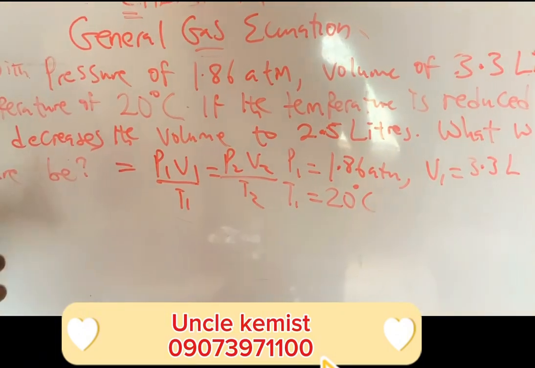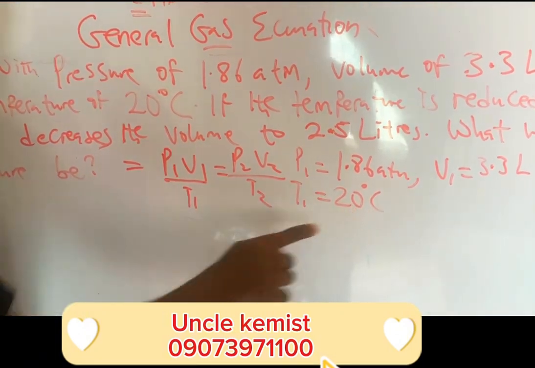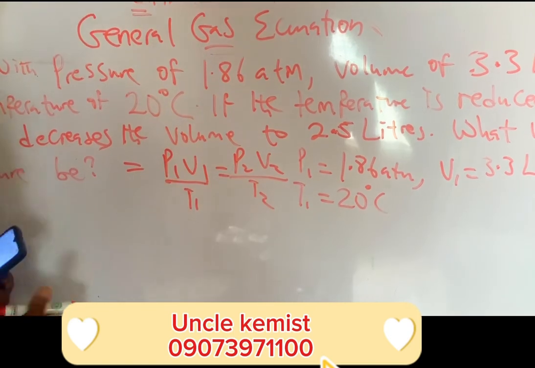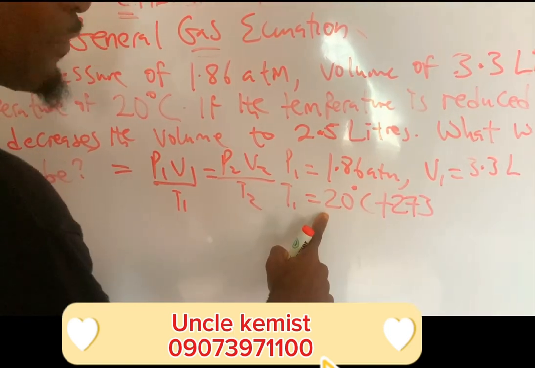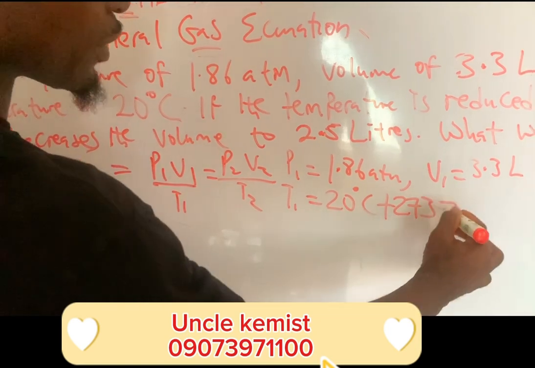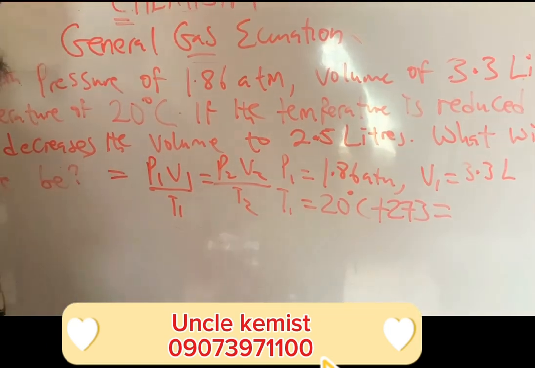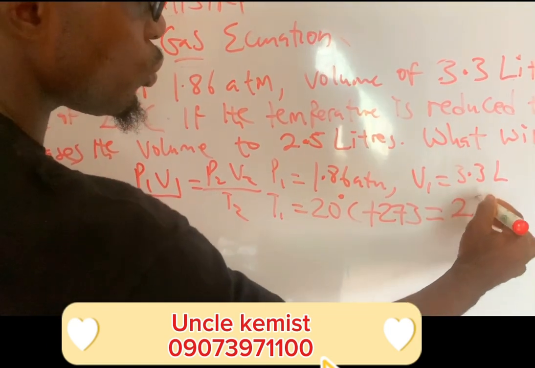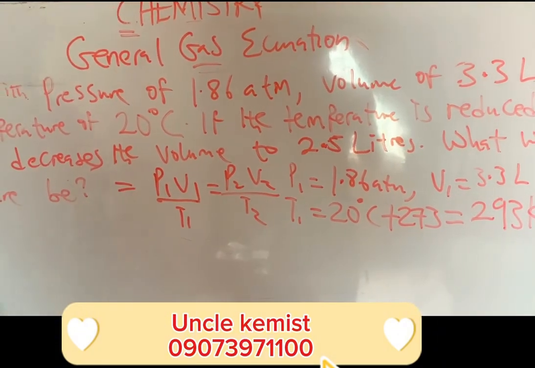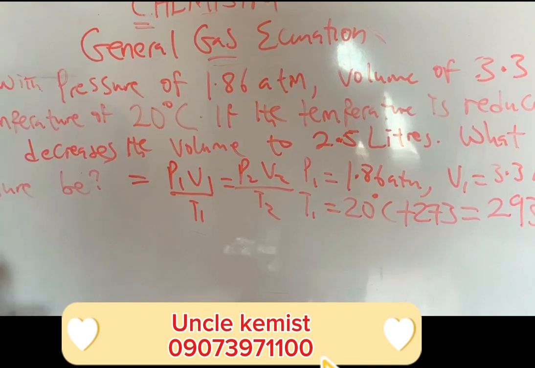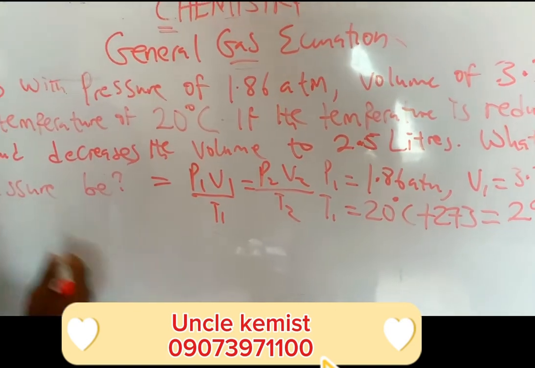But remember, we don't use Celsius, we use Kelvin. So I'm going to add 273 to convert my 20 degrees Celsius into Kelvin. 20 plus 273 gives me 293 Kelvin.